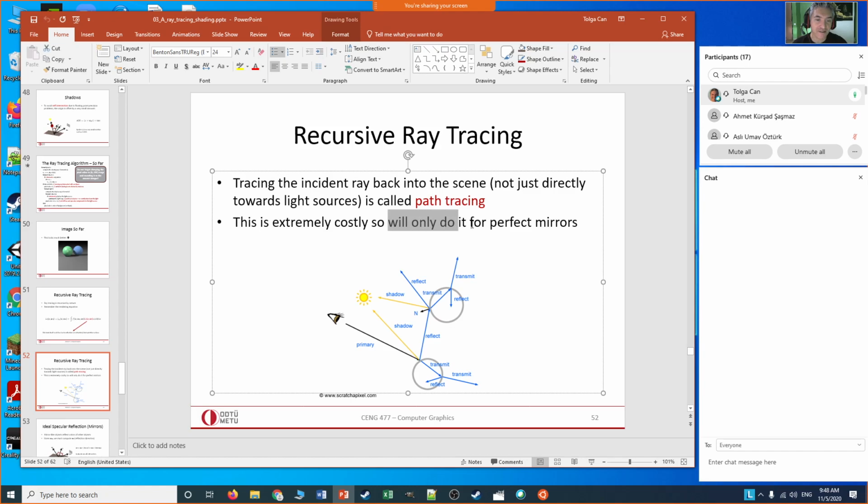So we will do this reflection only for perfect mirrors. We are only going to consider, as this fourth component, the reflective component, a single ray that is reflected from this primary ray with respect to the normal on the surface.